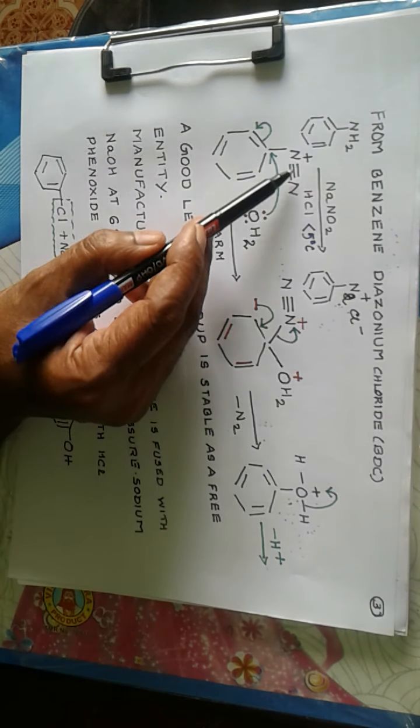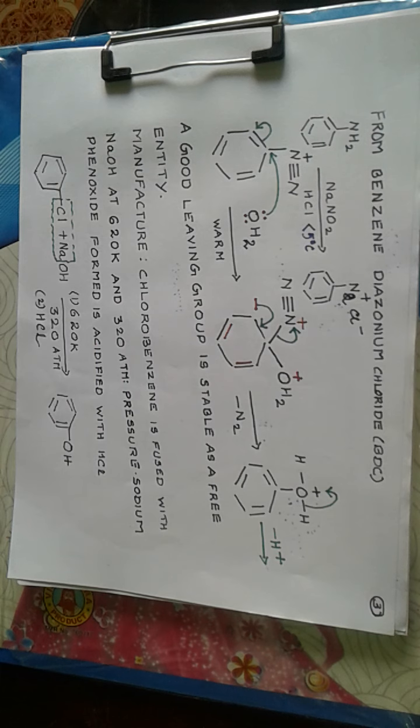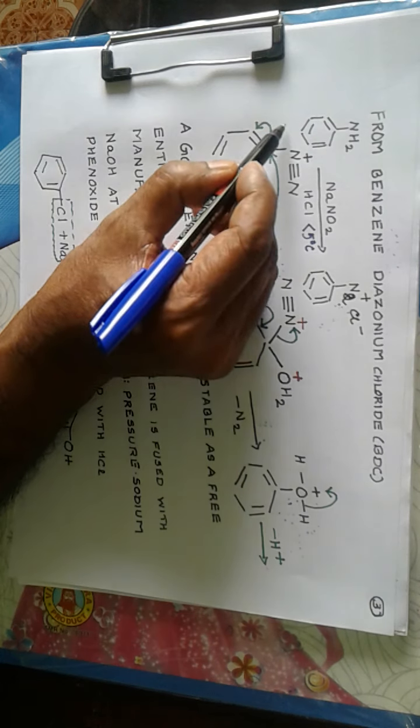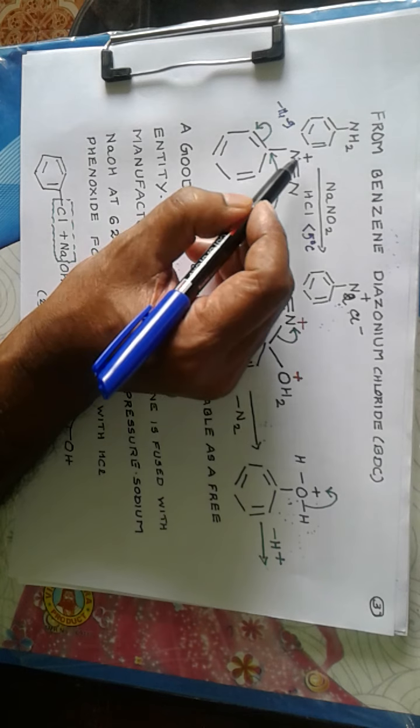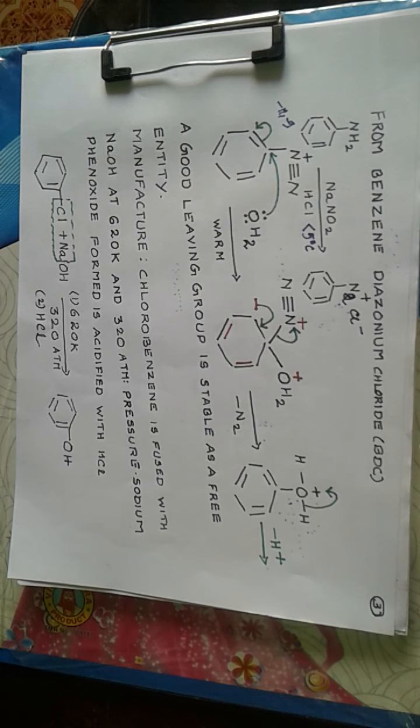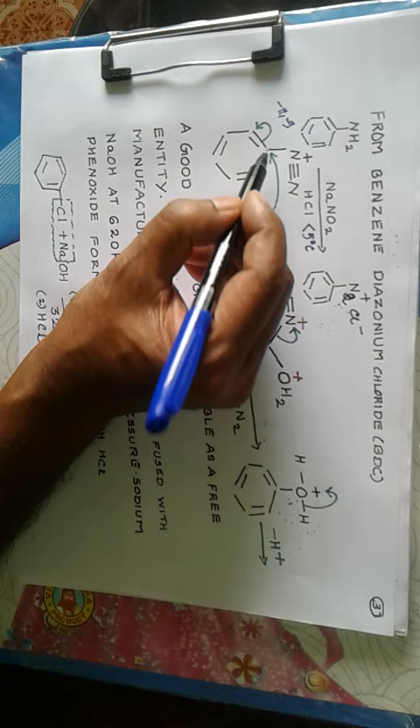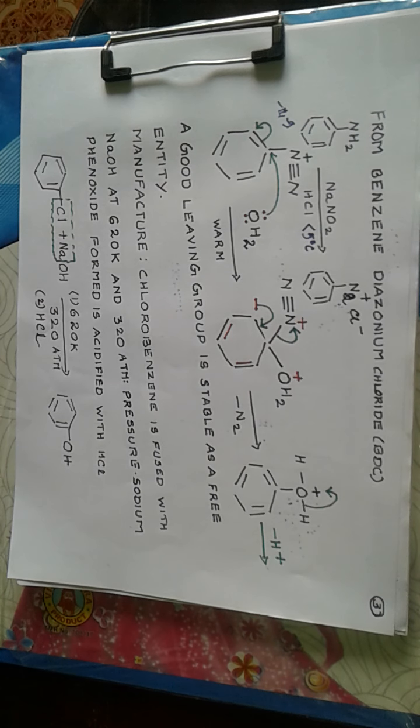Now this diazonium ion can take up electron density from the benzene by the minus M effect and minus I effect, because nitrogen positive is much more electronegative than carbon, and there is a triple bond of nitrogen which is much more electronegative. So this N2 positive group as a whole is highly electronegative, so that the alpha carbon will possess positive charge, and water can act as a nucleophile in this reaction.